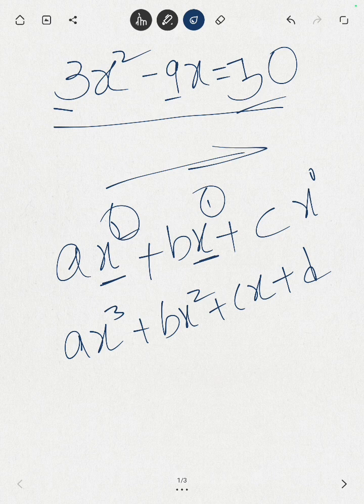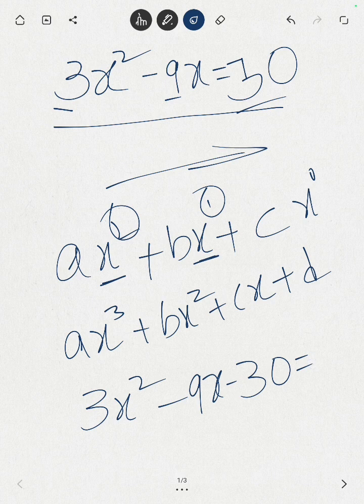First, the transpose method. Send this 30 from the RHS to the LHS. It will become 3x square minus 9x, and plus 30 will become minus 30. Because you made the right side empty, it will become 0. Perfect, finished, and you can draw the graph for this.